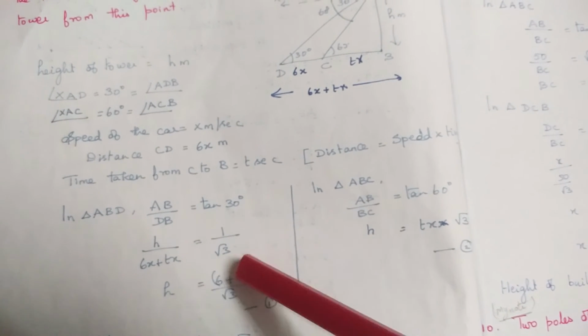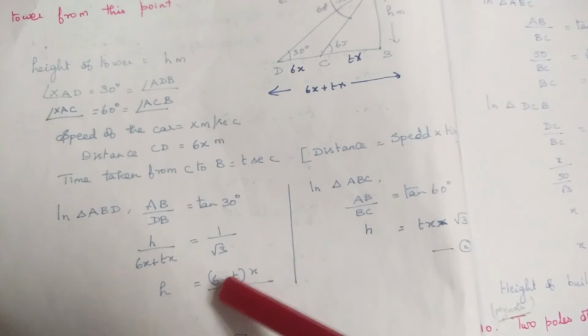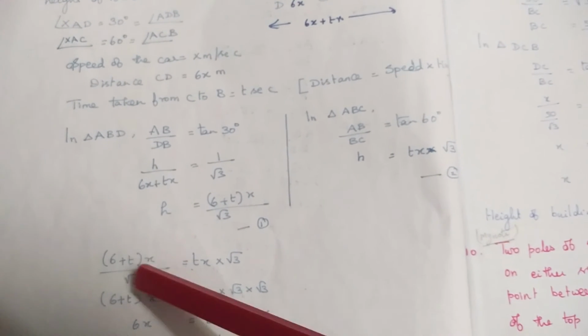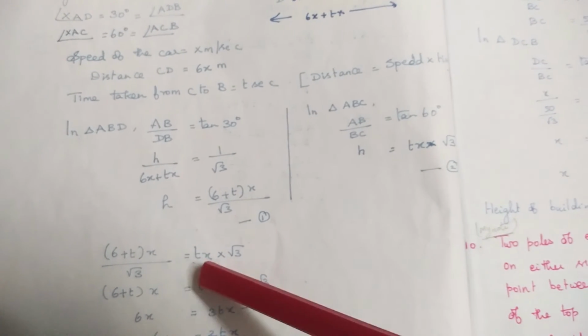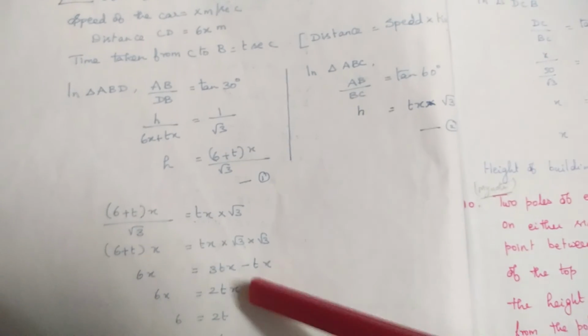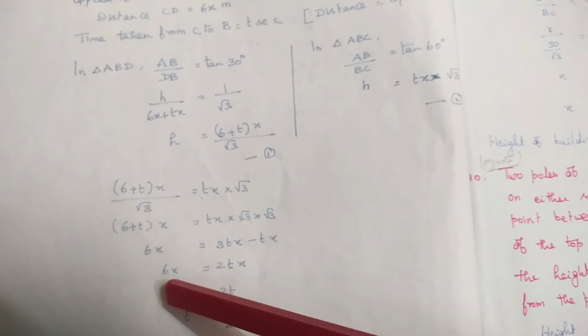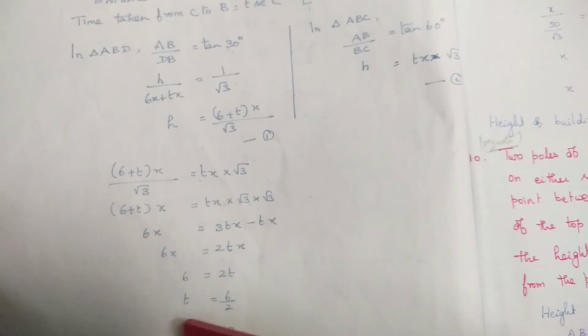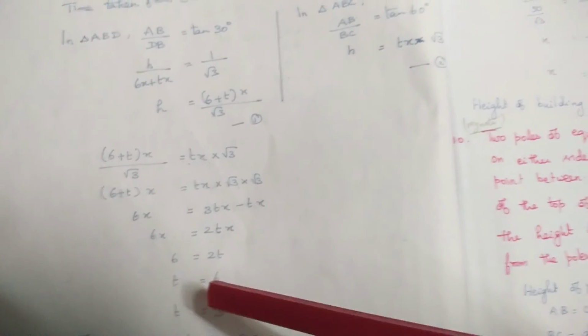Then cross multiply, h equals (6 plus t) into x by root 3. Then (6 plus t) into x by root 3 equals tx into root 3. Then root 3 into root 3 is 3, so 3tx minus tx, 2tx equals 6x, 2t equals 6, t equals 6 by 2, then t equals 3.